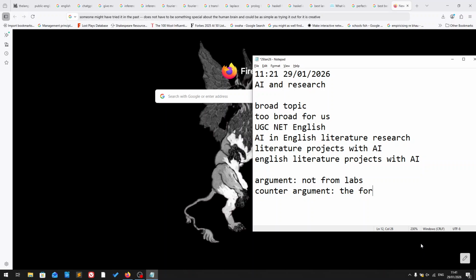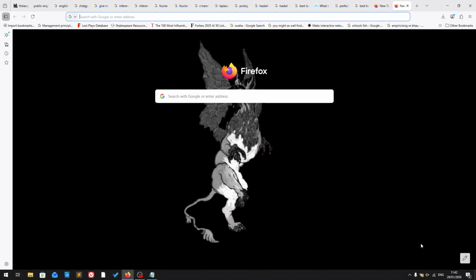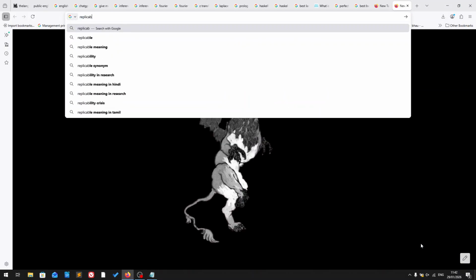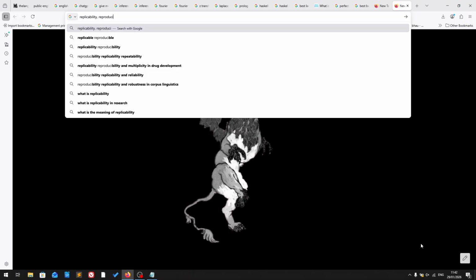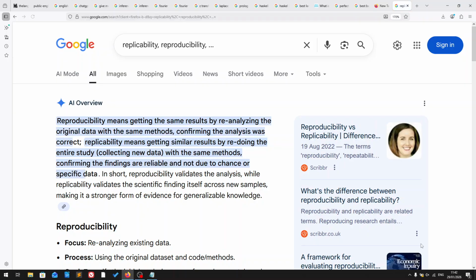The formulae are developed based on studies from labs, and that is where things like replicability, reproducibility, and generalizability come up.